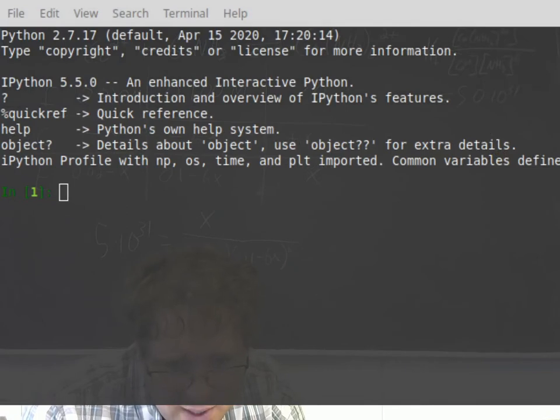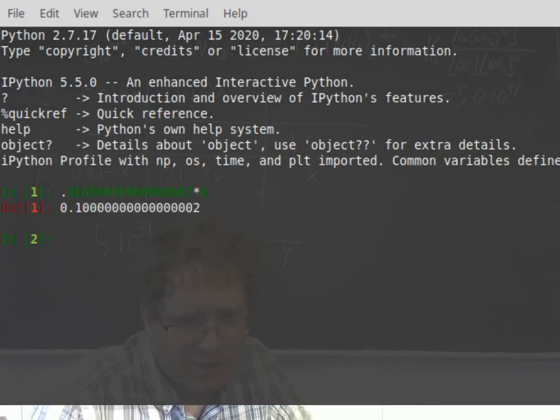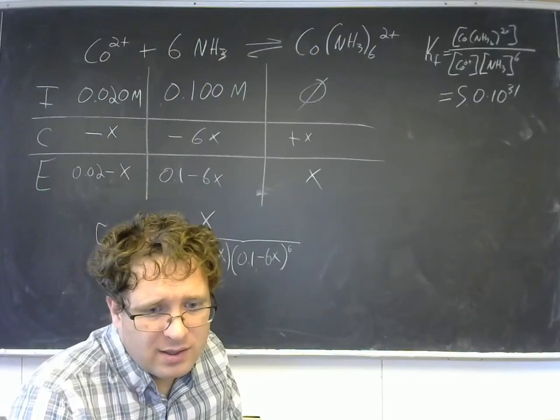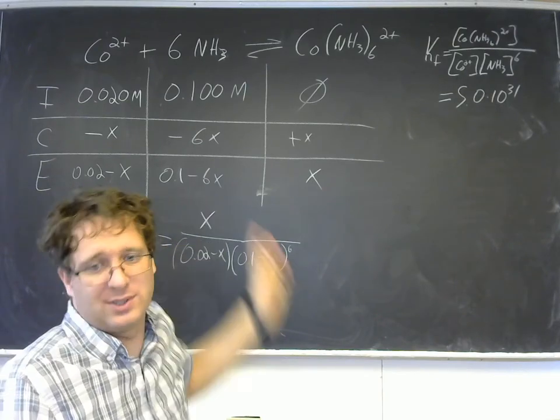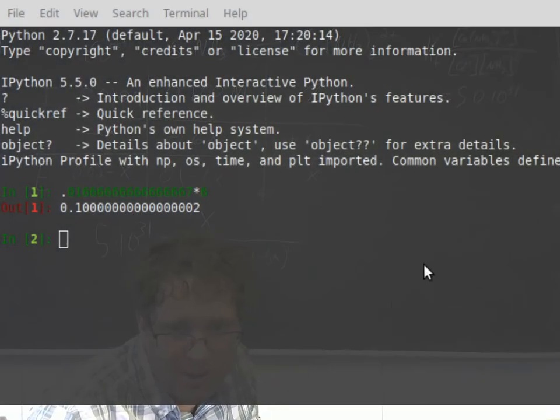Okay. So if I take 0.016666666666667 times 6, that's 0.1. And so if we come back here to 0.1 minus 6 times x, that's equal to 0.1. And you might say, oh, there's a 2 out there.